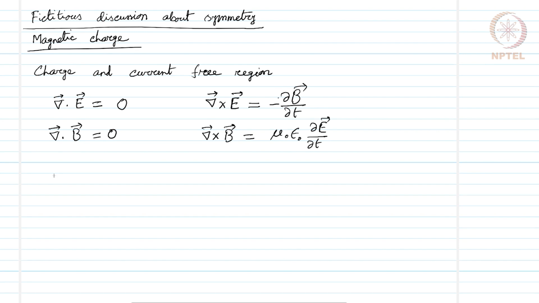If we replace the electric field by magnetic field and the magnetic field by minus mu naught epsilon naught times the electric field, then we can convert one set of equations into the other set of equations. So, it is symmetric.